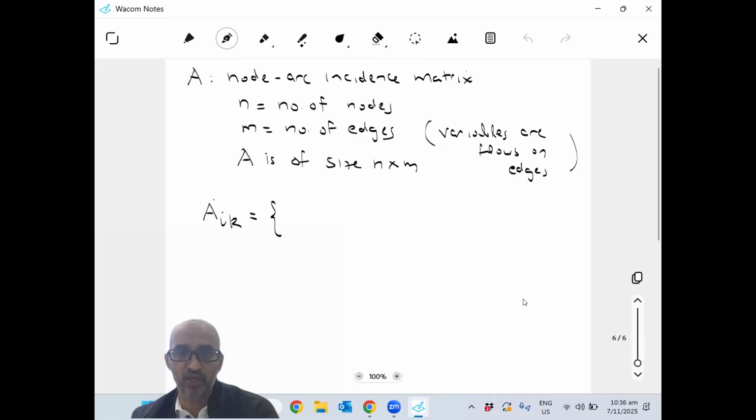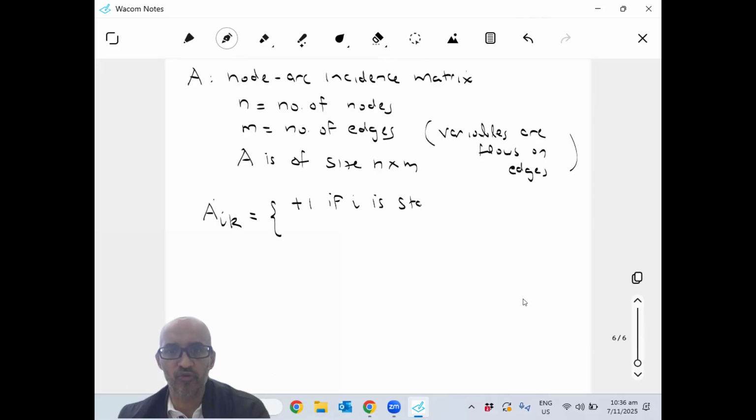So what is A_ik? It's +1 if I is the start node of edge k. So this is a start node.